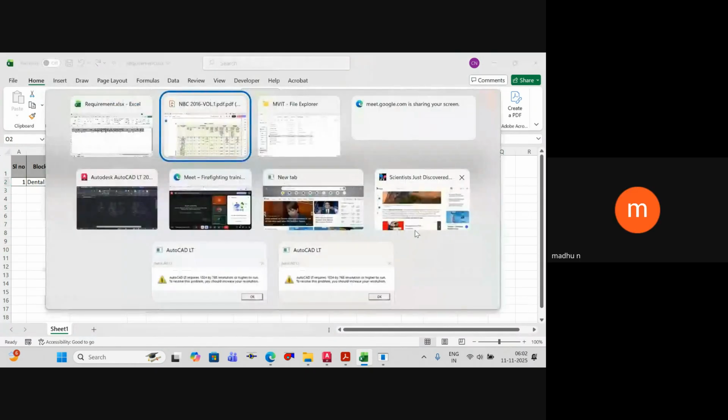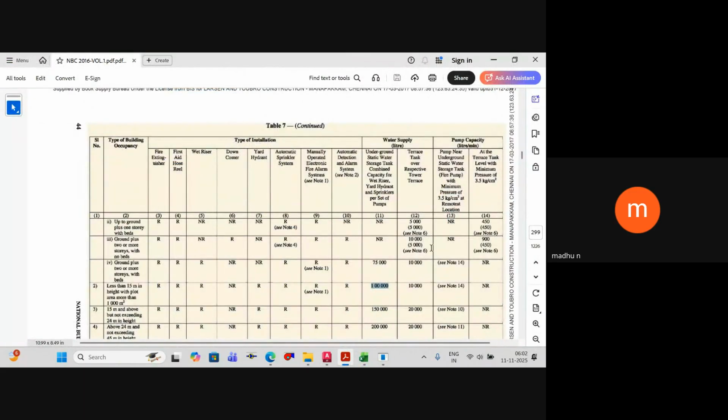As per NFPA, there is no overhead tank in any building, except when you don't have an underground tank, then you'll have OHT.